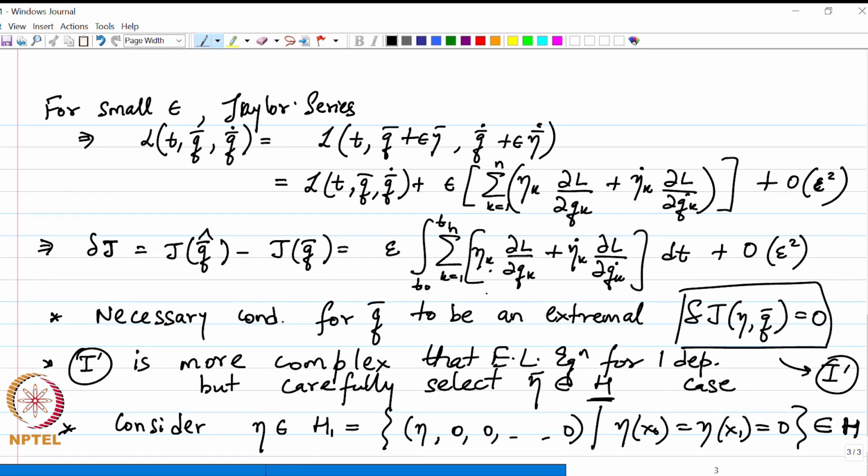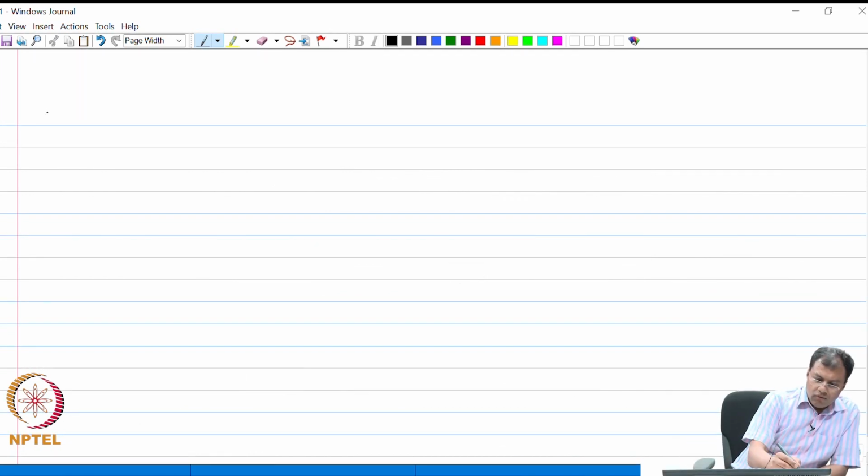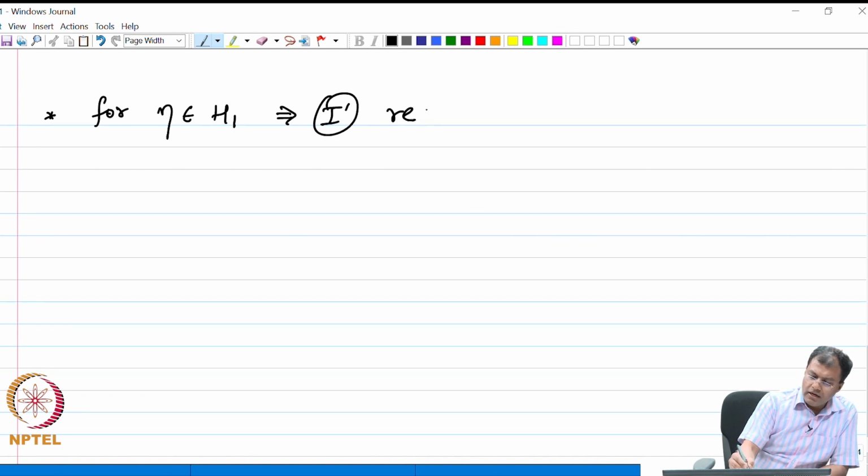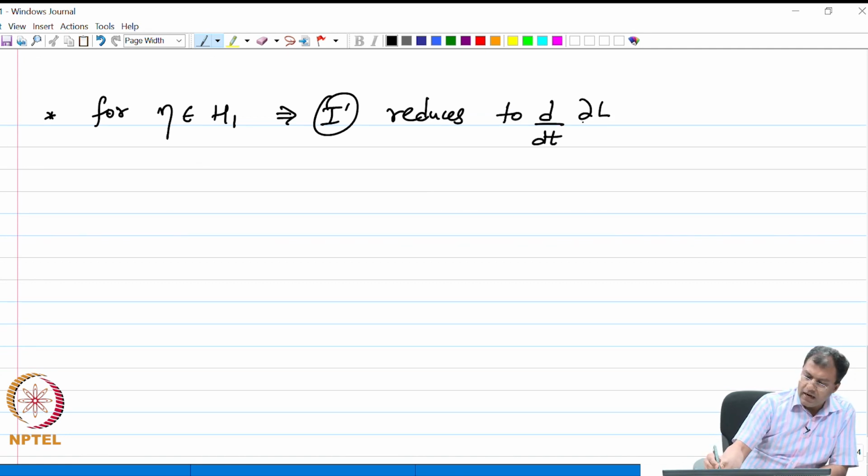So what is being said is, for this particular perturbation in H1, equation 1 prime reduces to d dt of del L del q1 dot minus del L del q1 equals 0.